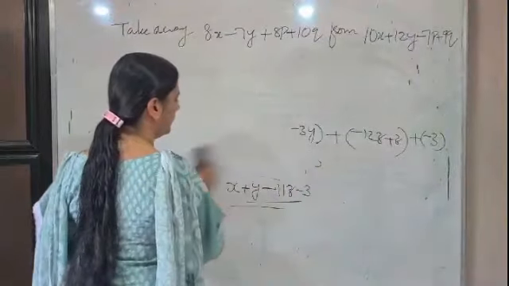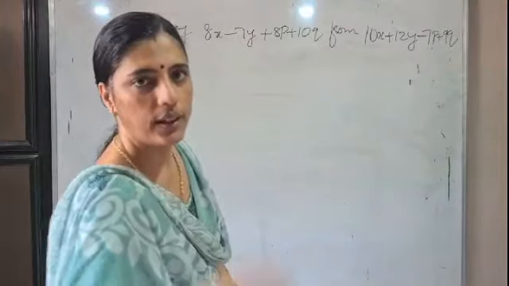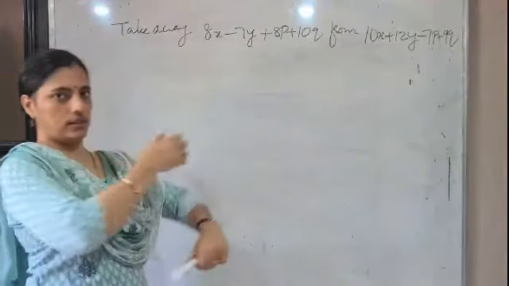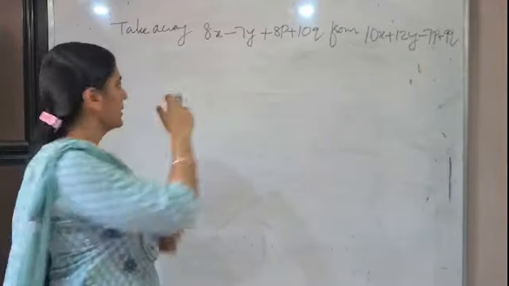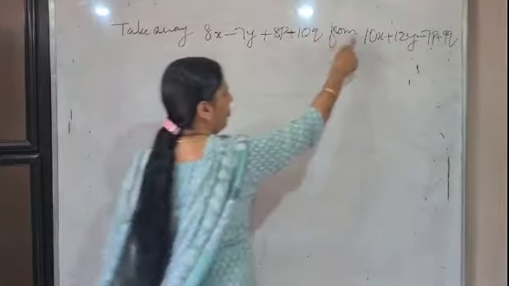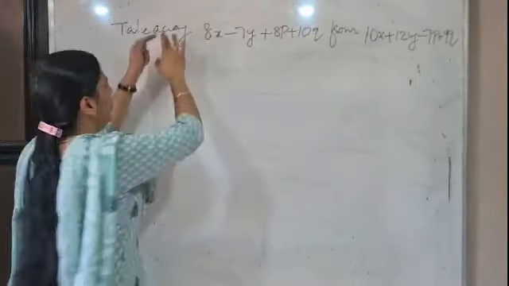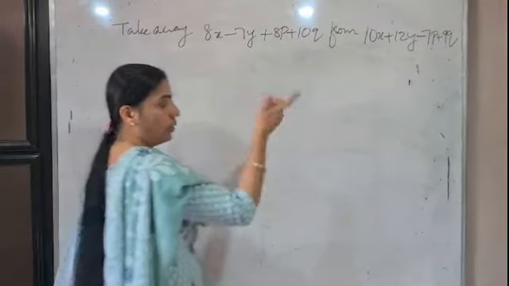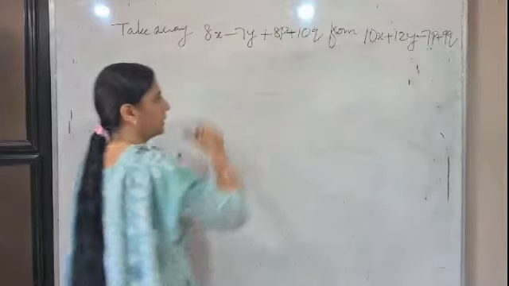What is the meaning of take away? Take away means subtract. Subtract this from this. So from what? That I will write first. Please keep the order. From this, the bigger one, you have to subtract this one.